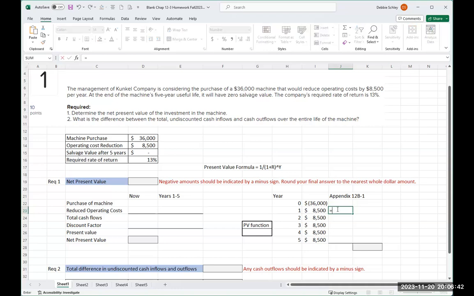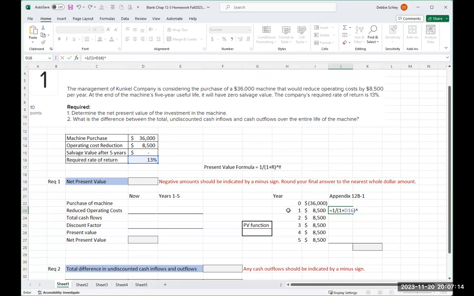So for year 1, it will be equals 1 divided by, parentheses, 1 plus the rate, close parentheses, and then shift 6 on a regular computer is that caret sign that tells it what I want it to raise to the power of.